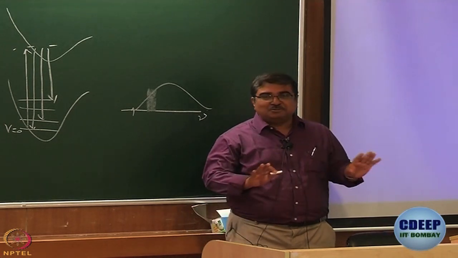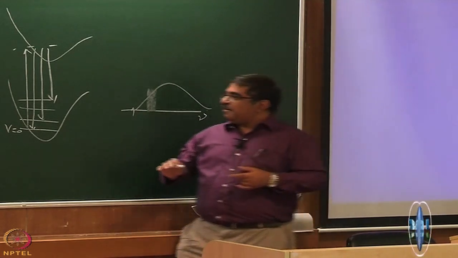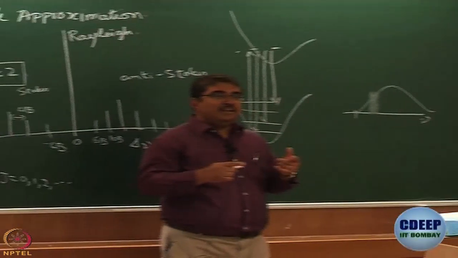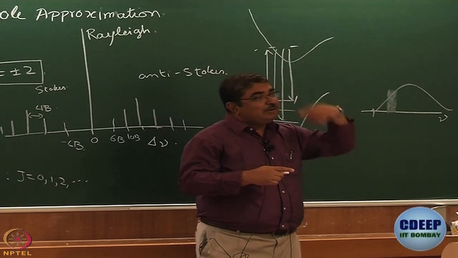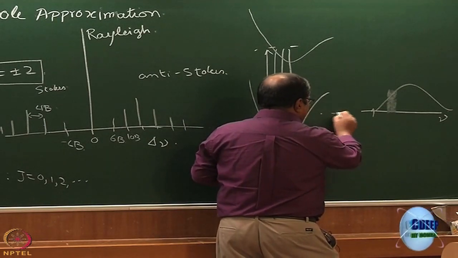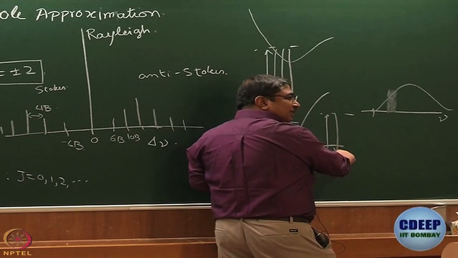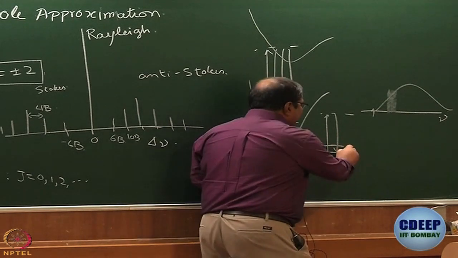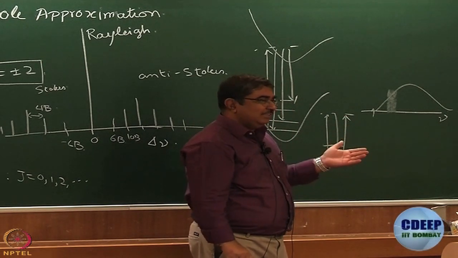There are ways to work around it, of course, but another way is that instead of using one laser, you use multiple lasers. Remember pumping, remember what we said about lasers, you can pump and populate an excited state. These are the vibrational levels, this virtual level; you take it here somehow, make the system come down here and remain there until there is a significant population, and then if you can somehow pump this level, then you can see anti-Stokes lines.